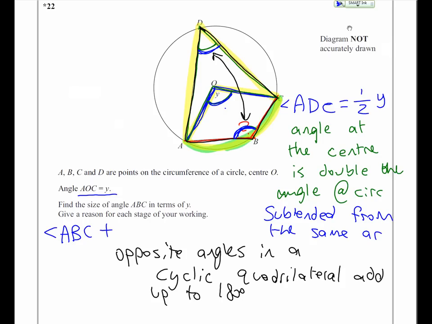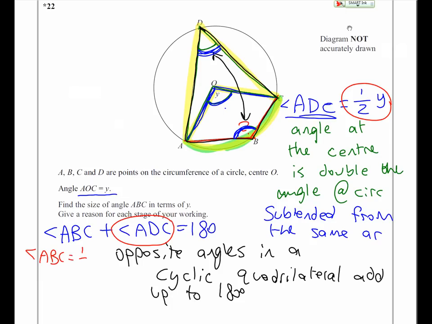So that means that this mystery angle, angle ABC, plus our angle here, angle ADC, which we already have found out, equals 180. It's a half y. So therefore, angle ABC plus a half y equals 180 degrees.